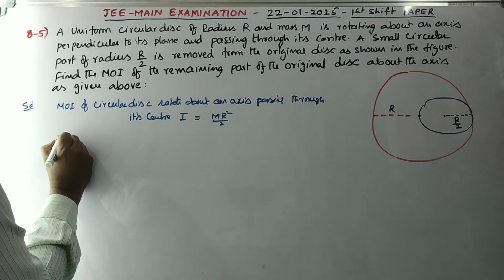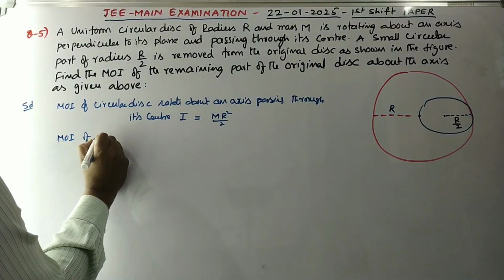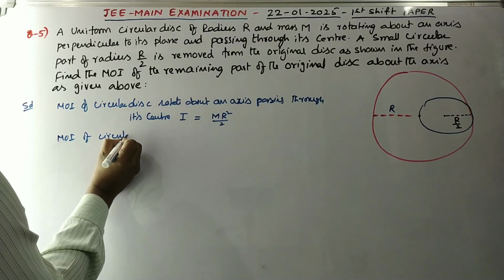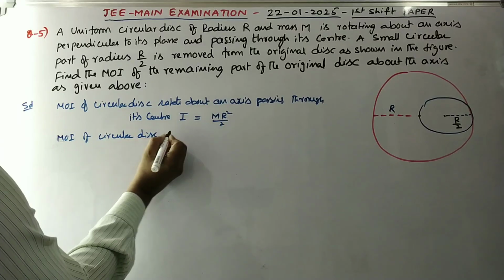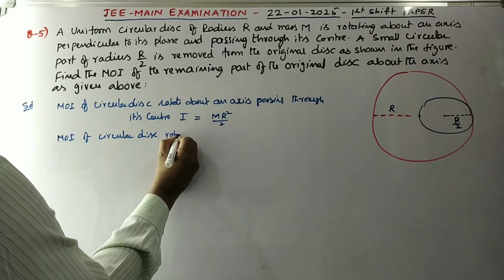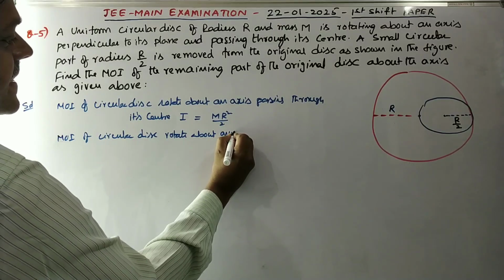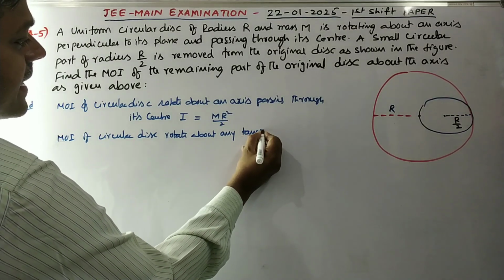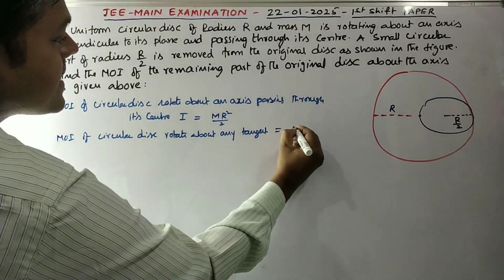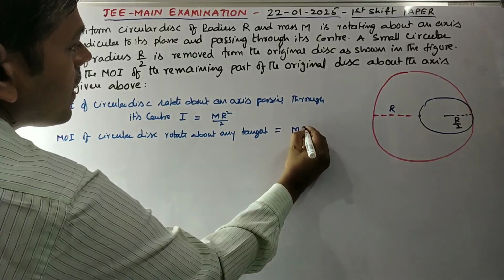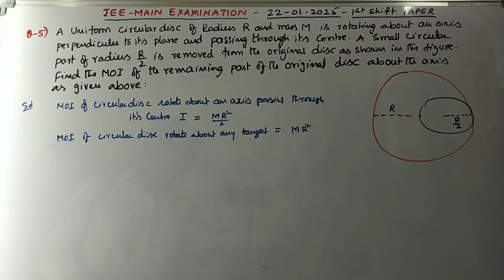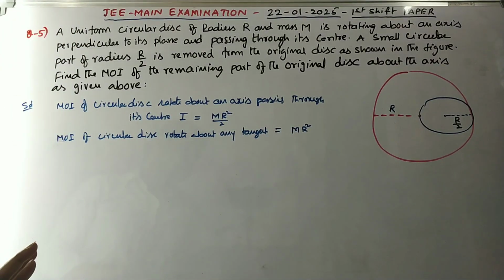So the moment of inertia of a circular disc rotating about any tangent is equal to M r square.